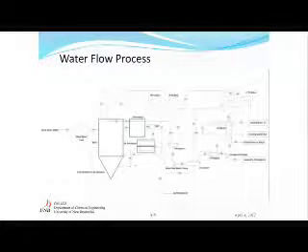And then it will be joined by fresh makeup water and then it will be pumped through the condensate pump into a series of preheaters called the lower pressure heaters or the LP heaters. The boiler feed water will then be deaerated at the deaerator to remove dissolved oxygen in order to prevent corrosion along the boiler feed water tubes.